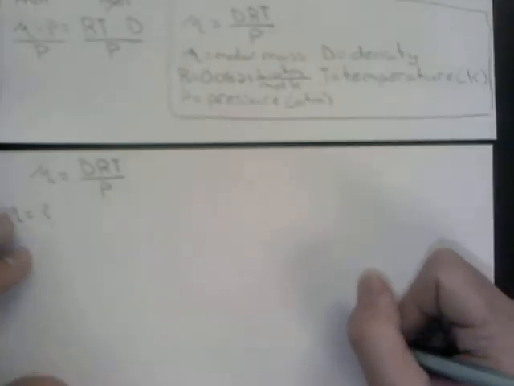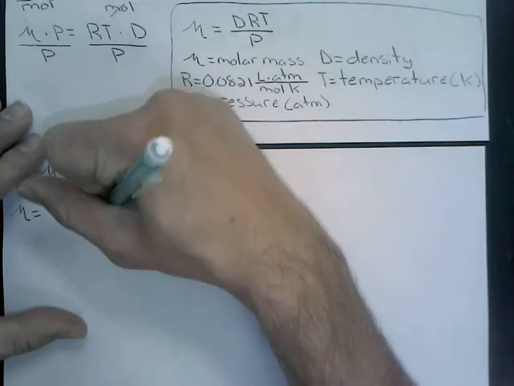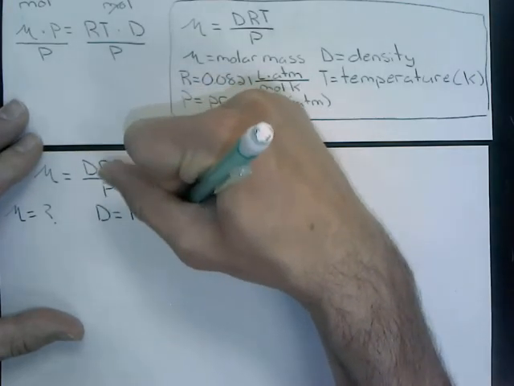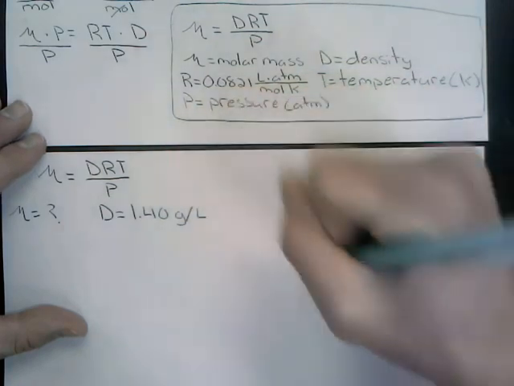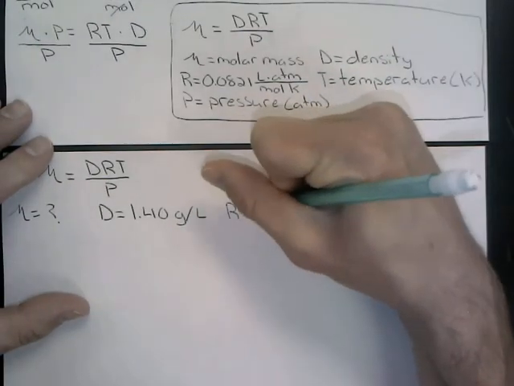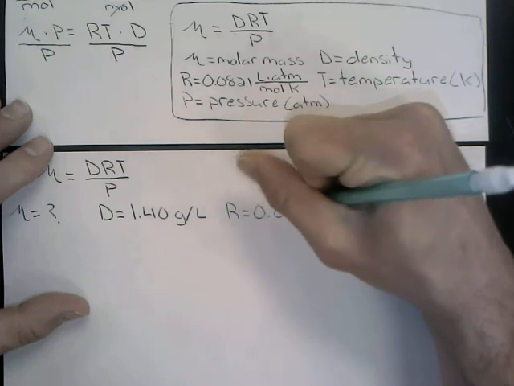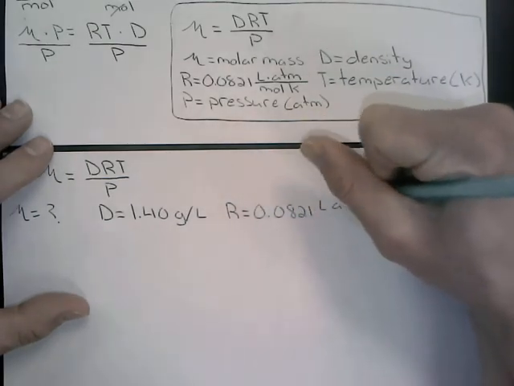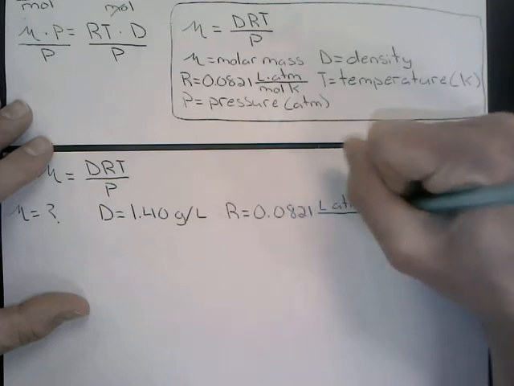And our D for density, if we read our problem, is 1.40 grams per liter. The R is still the same ideal gas law constant, 0.0821 liter atmosphere per mole Kelvin.